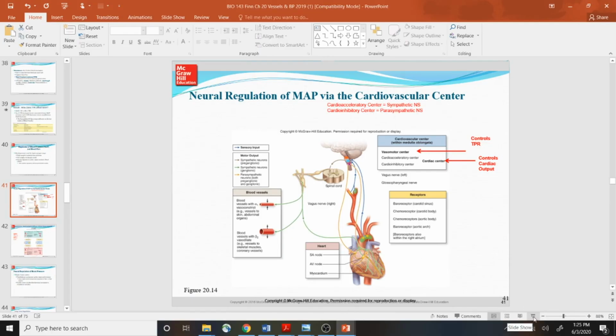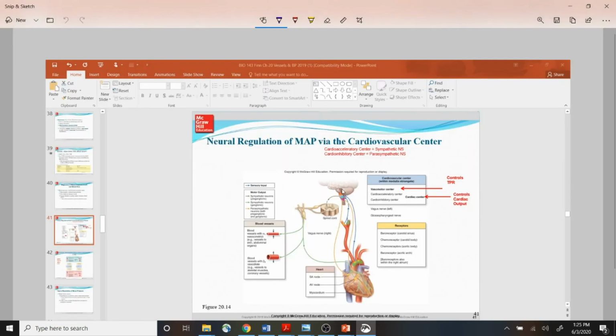So that area within the medulla oblongata is called the cardiovascular control center, or cardiovascular center, but it contains 3 parts.